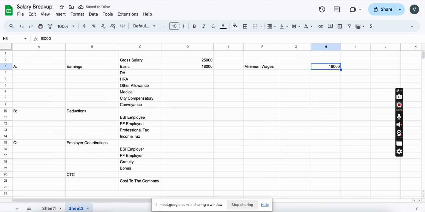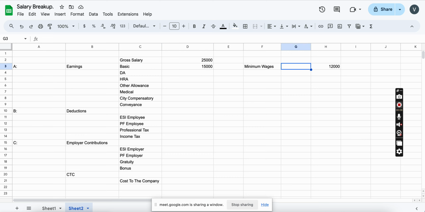Suppose in case for some state where you are preparing this salary structure and minimum wages is 12,000, then in that case you have to follow 60%. So when you are preparing a salary structure, ensure that you create these components like this and then enter a lump sum gross and then check 60% of basic, and then also check minimum wages what is defined by the government.